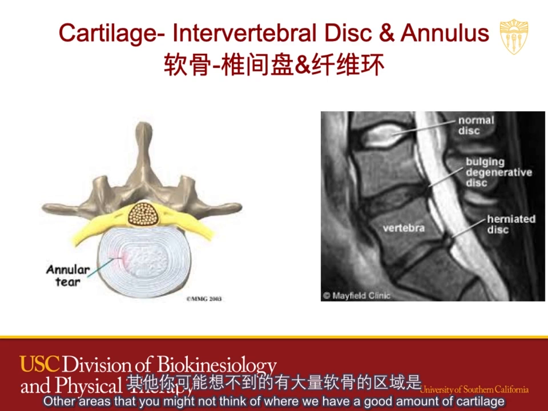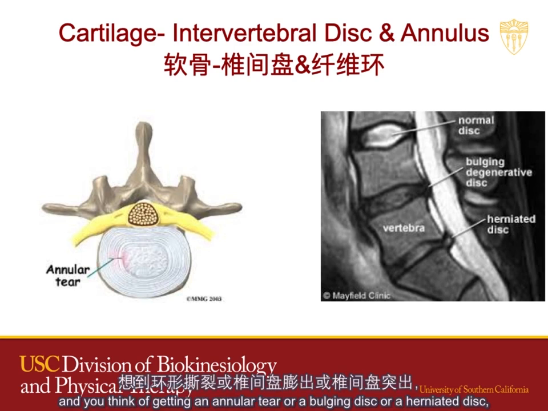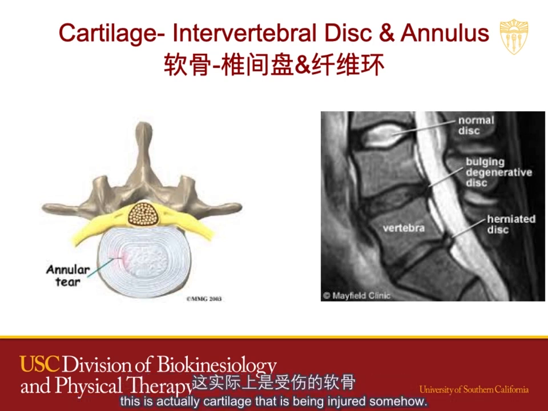Other areas that you might not think of where we have a good amount of cartilage would be our discs and annulus. So when you think of the spine and you think of getting an annular tear or a bulging disc or a herniated disc, this is actually cartilage that is being injured somehow.